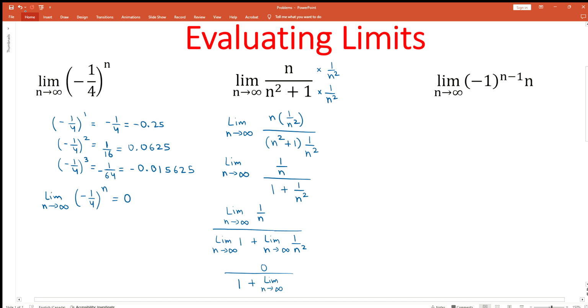We can break down 1 over n squared as 1 over n times 1 over n. Next, we can apply the limit to both fractions in the denominator.